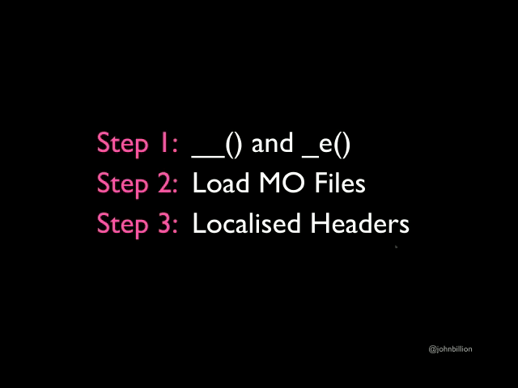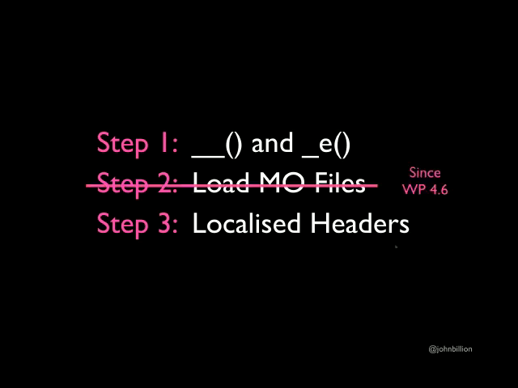You need to use the double underscore and underscore e functions to make a regular piece of text localizable. You need to tell WordPress where to load your translation MO files from, which directory to load them from, and then you need to drop in those two localized headers into your plugin or theme so WordPress can load the translations even when it isn't active.